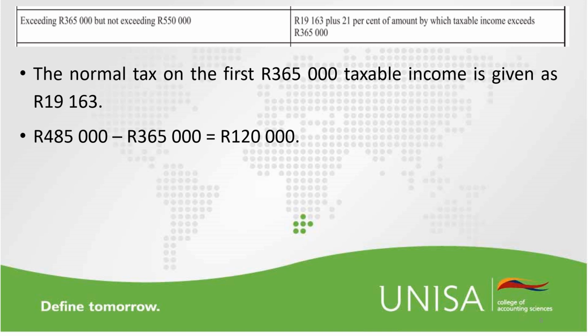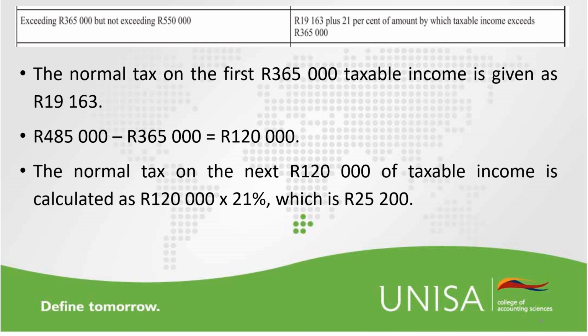Therefore, we start our calculation by calculating the amount of taxable income above 365,000. That is the taxable income of 485,000 rand less 365,000 rand, which will give us 120,000 rand. The normal tax on this 120,000 rand of taxable income is calculated by applying the rate of 21%.